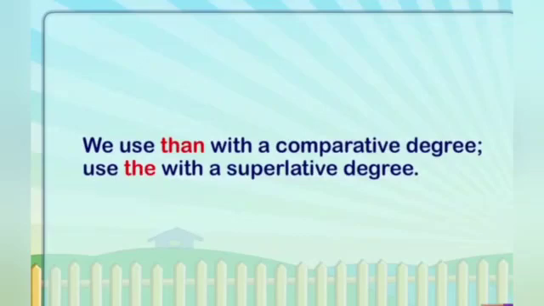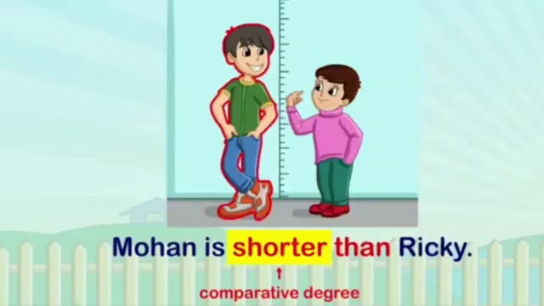Now children, next, we use than with a comparative degree and we use the with the superlative degree. How? Now see the example. Mohan is shorter than Ricky.